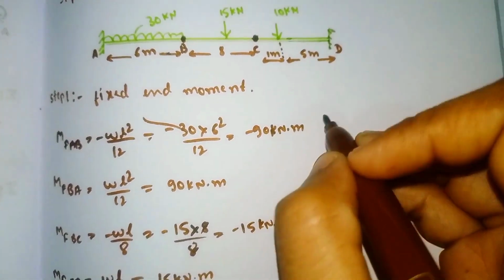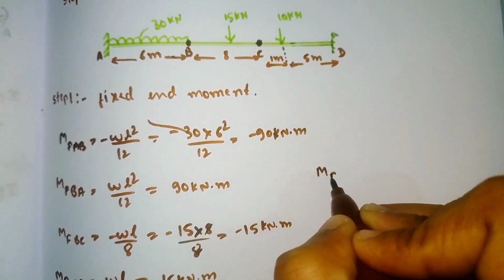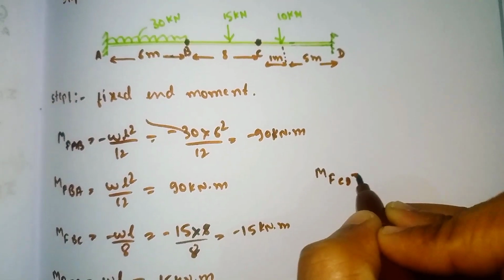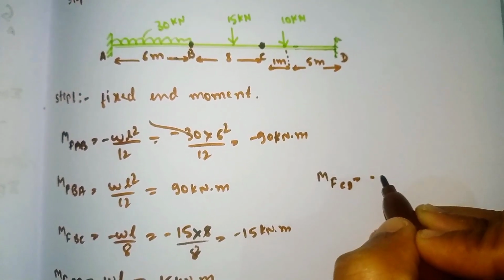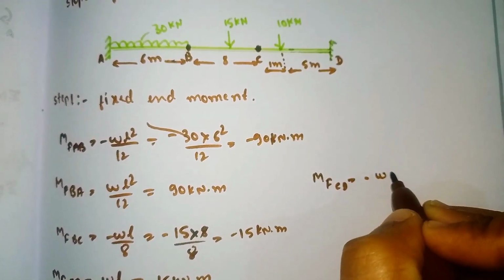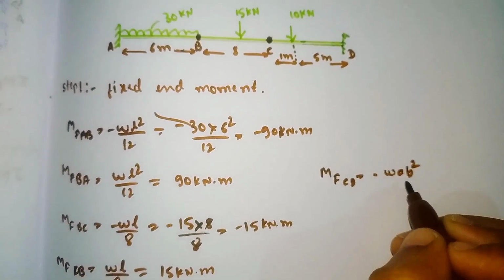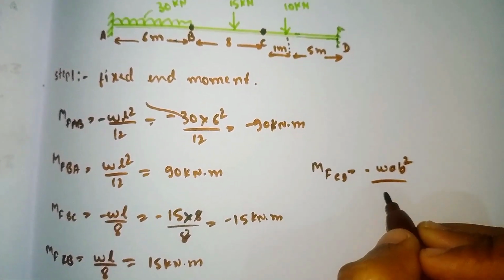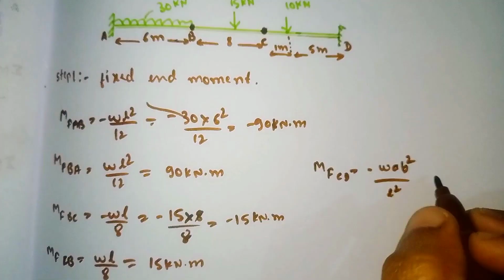So now MFCD is equal to, we have the formula, minus WAB square divided by L square.